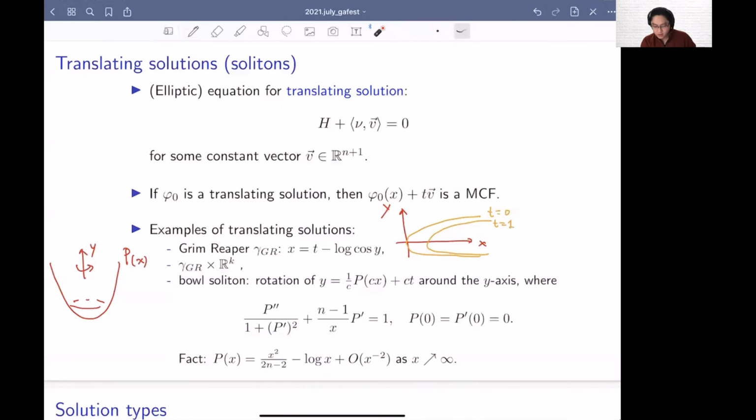We can solve it uniquely, though not so explicitly, but we can understand its asymptotic behavior as we approach spatial infinity. Namely, it's quadratic up to a log correction at infinity. Okay, so this is the picture of the bowl soliton. And under mean curvature flow, the bowl soliton just moves in the positive y-axis direction. Okay, all right. So two classes of solutions.